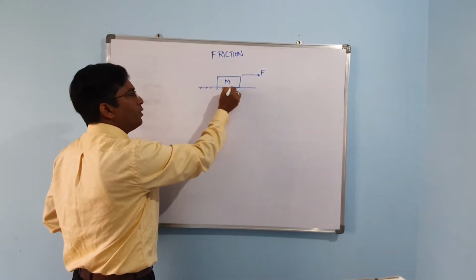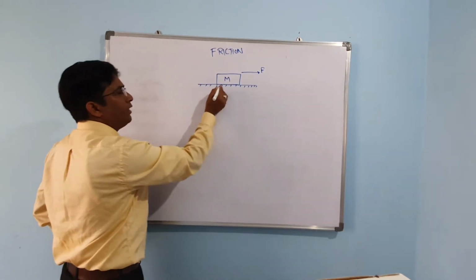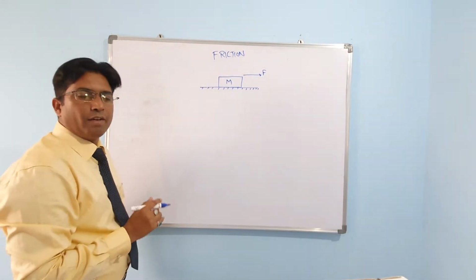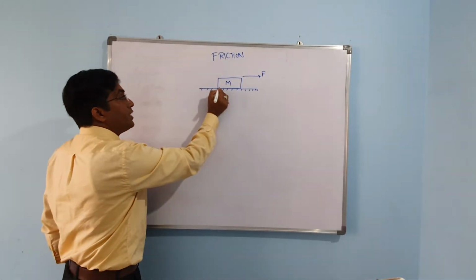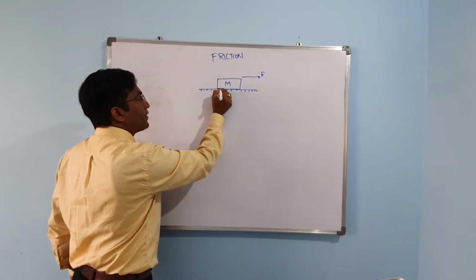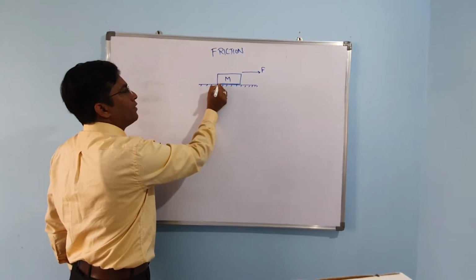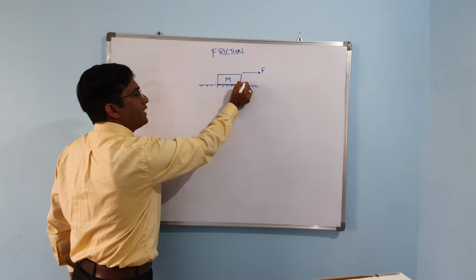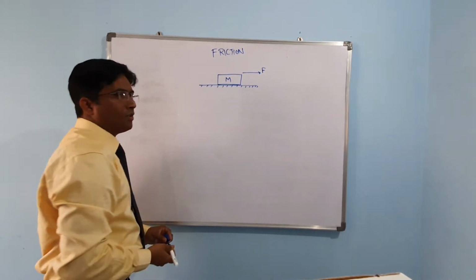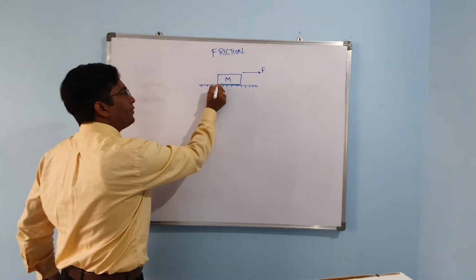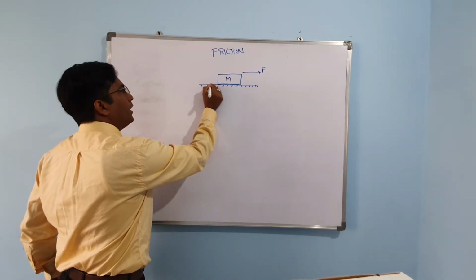The surface below it, let us say this is the ground, is rough and has some friction. The tendency of this surface is to go with the direction of force, then the friction on it will be acting in the opposite direction, somewhat like this.